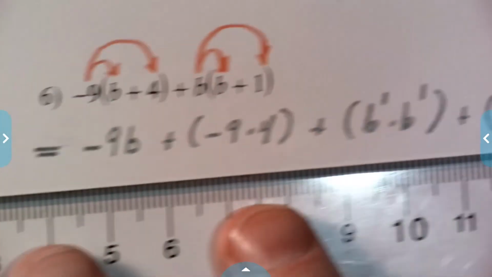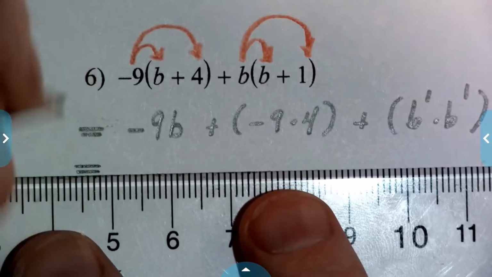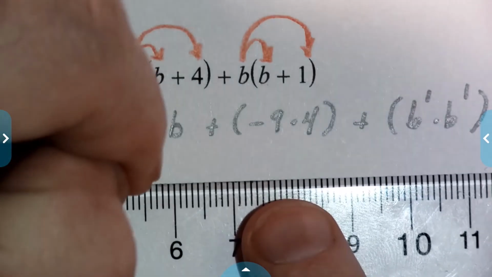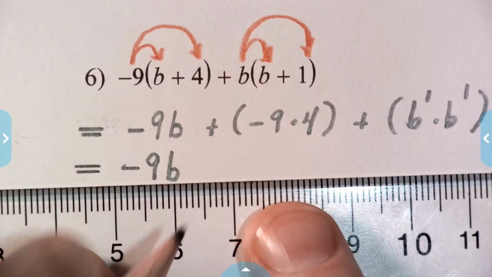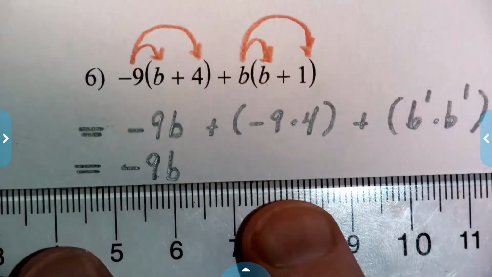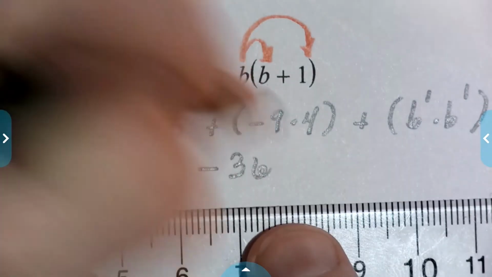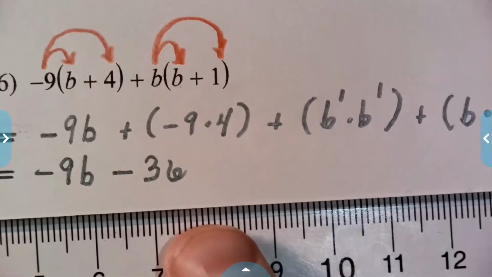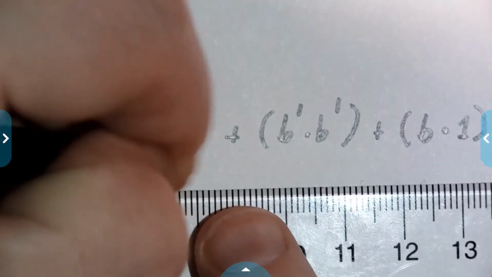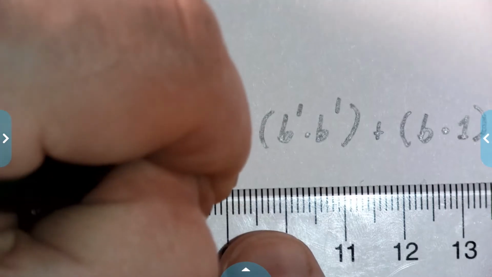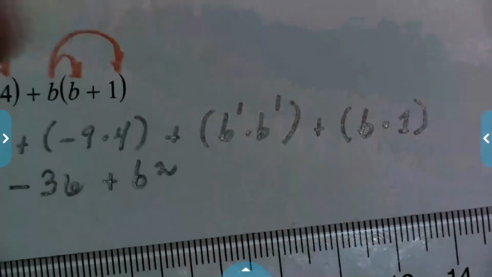Anything times 1 is itself. Okay. All right, moving on. So we have negative 9b. And then negative 9 times 4 is negative 36. So we'll just put minus 36. B times b is b squared. So plus b squared. And then b times 1 is b, so plus b.